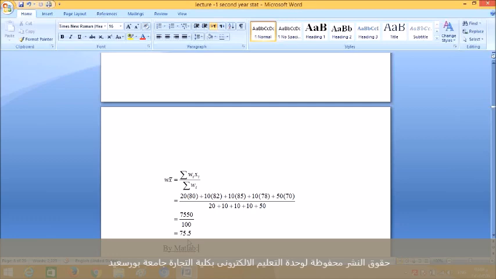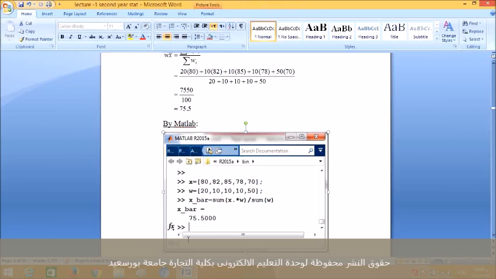Okay, in MATLAB there is no function for weighted mean, but we will use another function to compute the weighted mean like this.